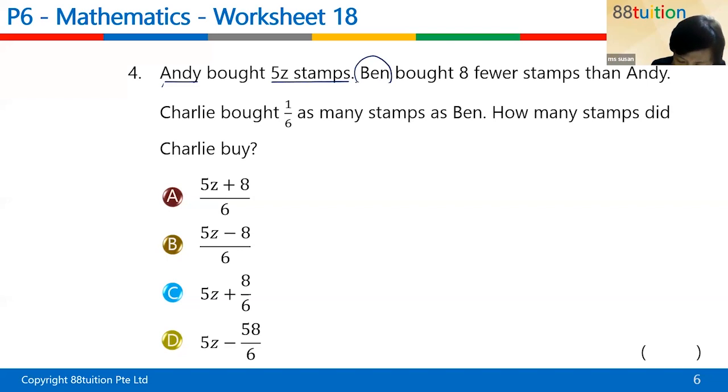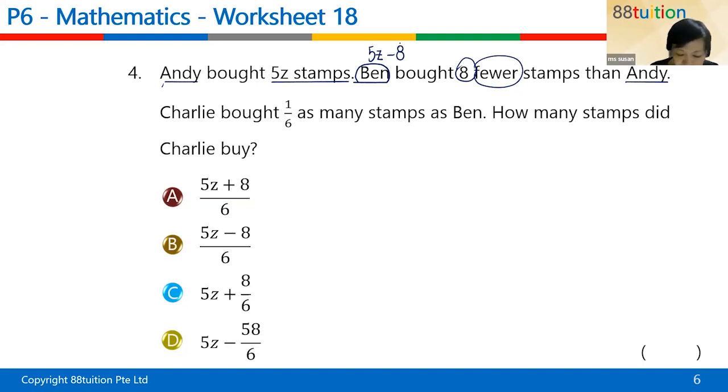But Ben, he ate fewer than Andy. You know that Andy has 5z, right? So when Andy has 5z, Ben must have less. So in order to find Ben, what you need to do is to minus 8. So I have 5z minus 8 for Ben.